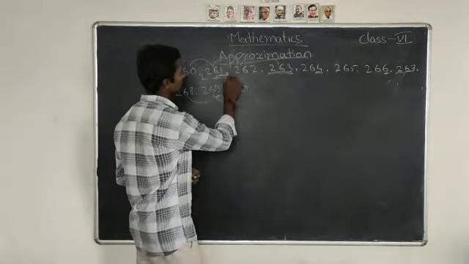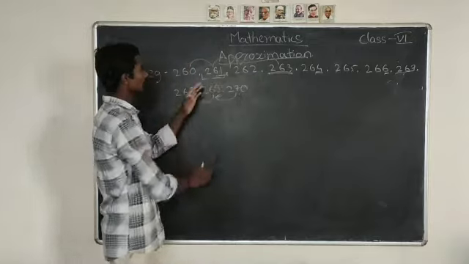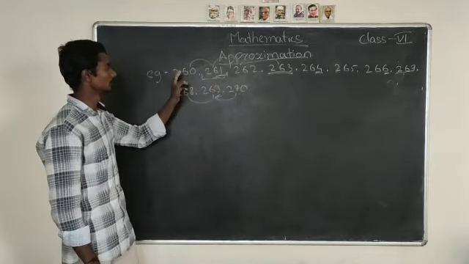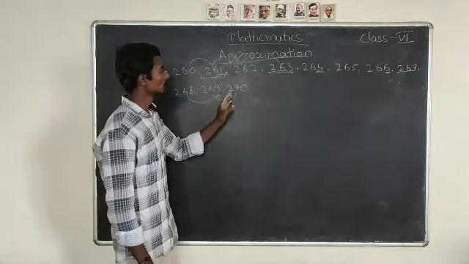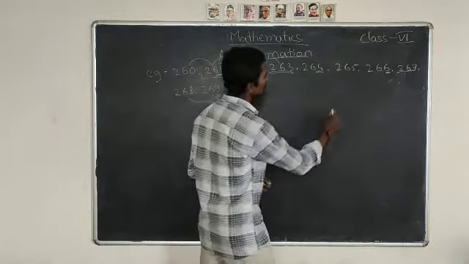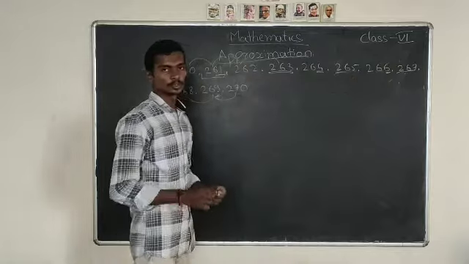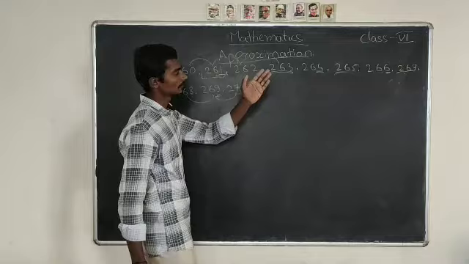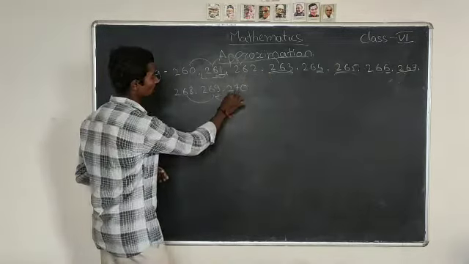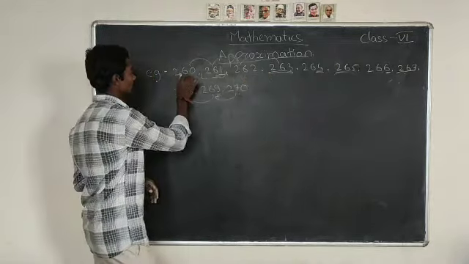Like from 1 to 4, if I get any number, I'll approximate it to the previous number. Like you get 260, and here it is 270. What if I get 265? 265 is at the same distance, the same steps far from 270 as well as 260.